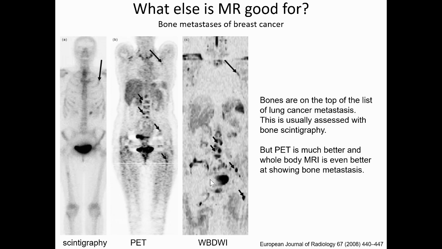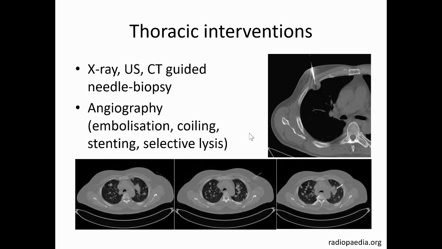So this is the same patient who underwent scintigraphy, PET study, and a whole body diffusion weighted MR image. Thoracic interventions can either be guided by X-ray, ultrasound, or CT guided, and they are done at the radiology department.